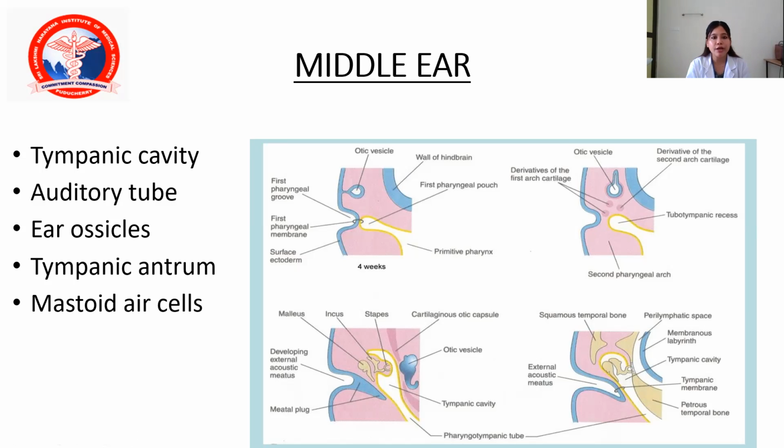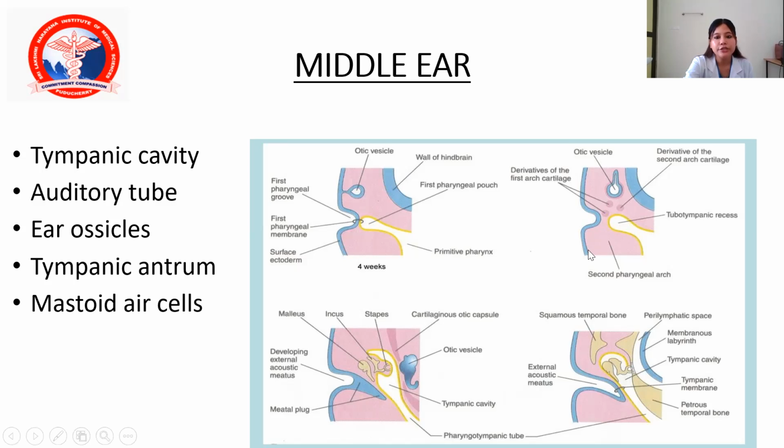Here you can see in blue the first pharyngeal cleft. What you are seeing here is the endoderm, the pink color is the mesoderm, and the blue color is the ectoderm.